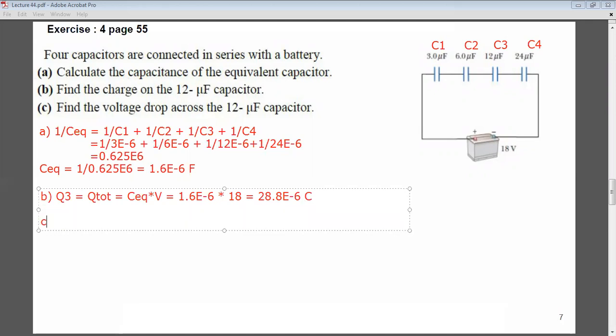Part C, find the voltage drop across the 12 microfarad. So Q3 is equal to C3 times V3, which implies V3 is equal to Q3 divided by C3.